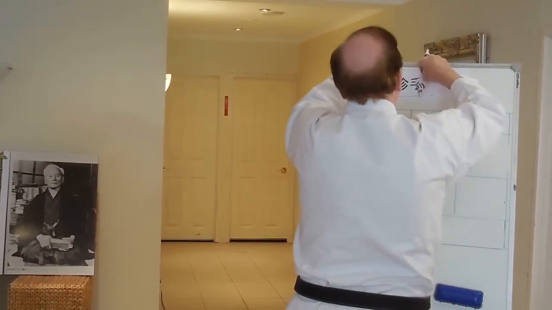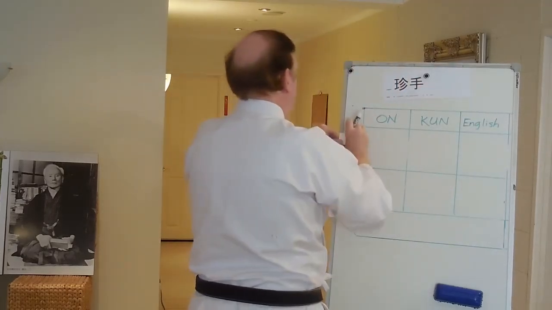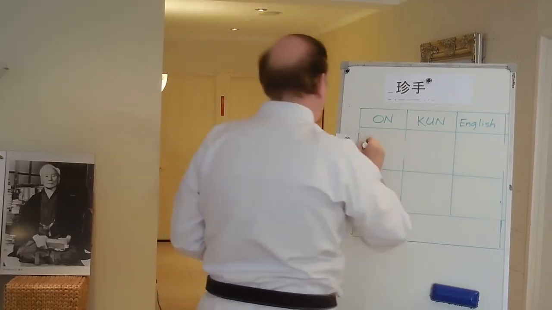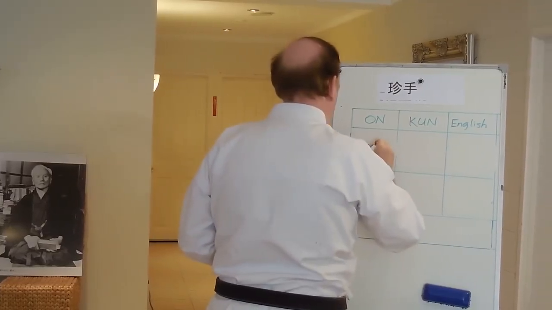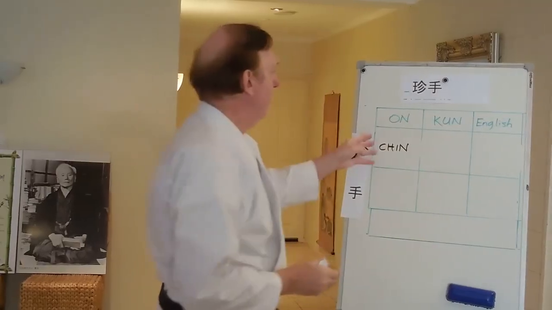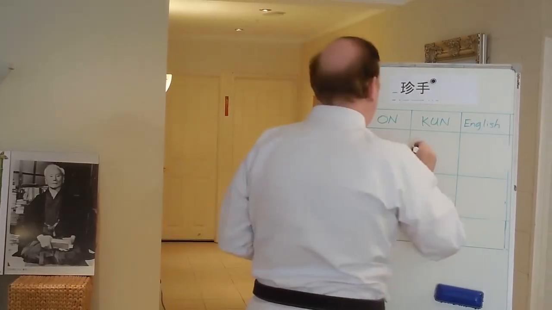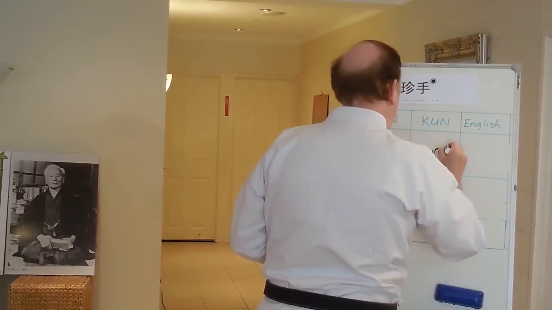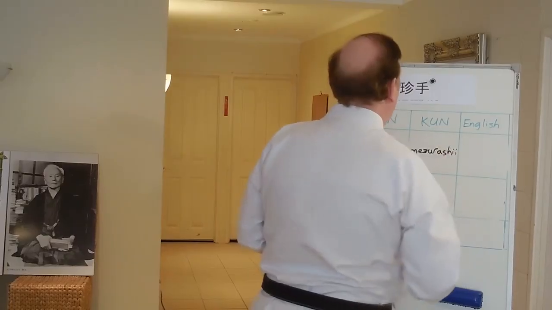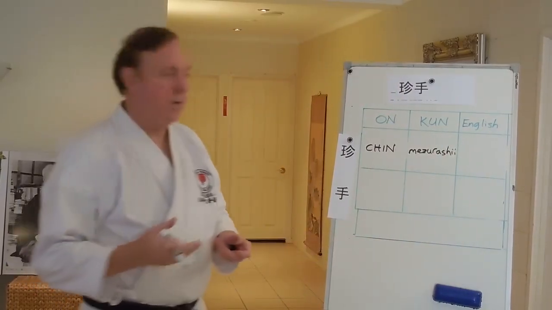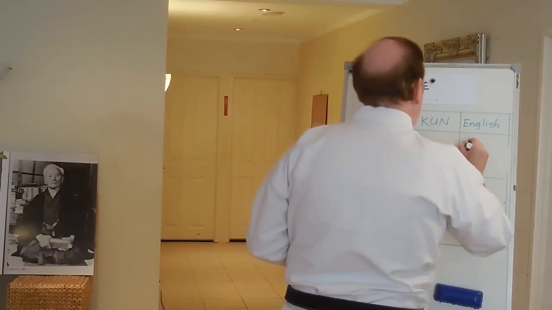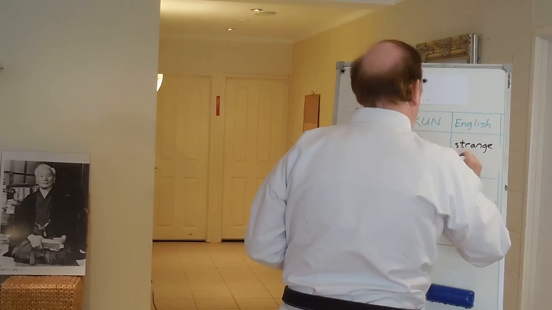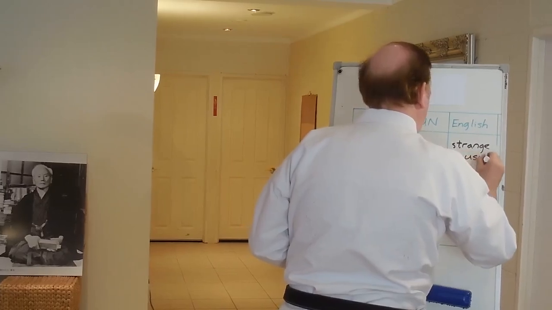So we take up the next one, which is chinte. Now, chin is the on reading for the first section, and that comes from mezurashi. And mezurashi means strange, unusual, rare.